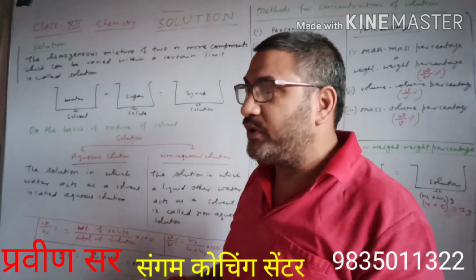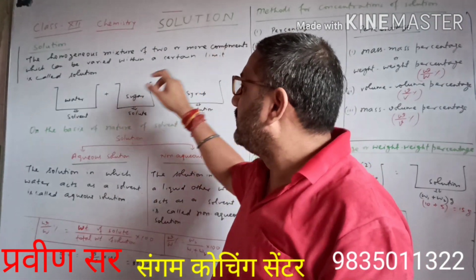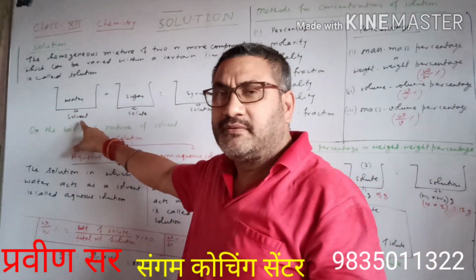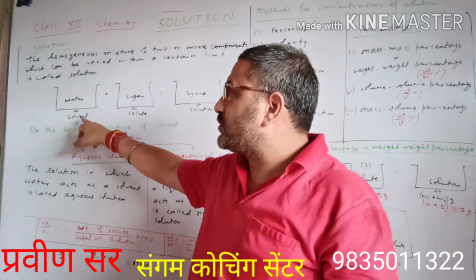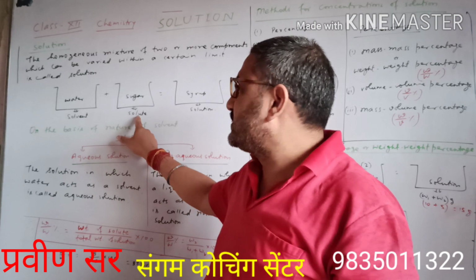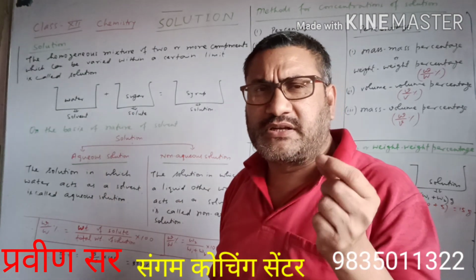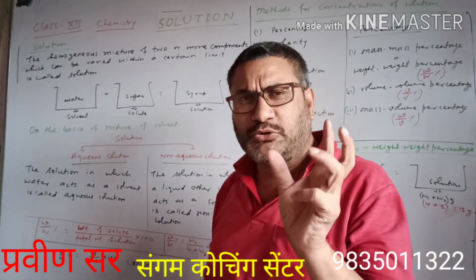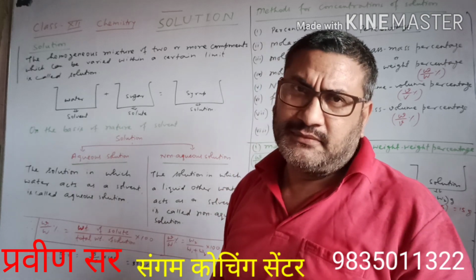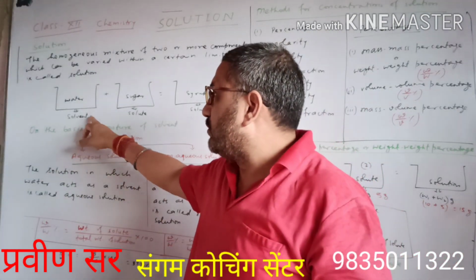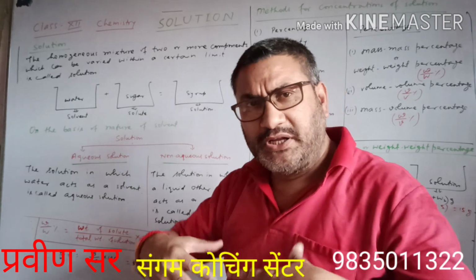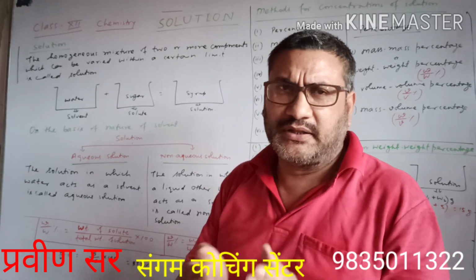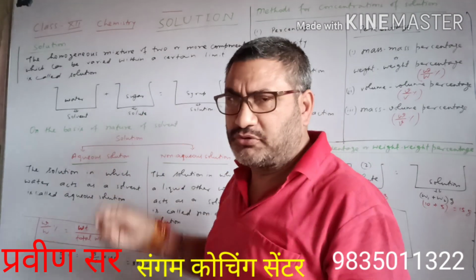Two or more components. Components means there are two types of components of a solution. One is called solvent and another is called solute. That which has the capacity to dissolve anything is called solvent, and that which is dissolved in the other is called solute.